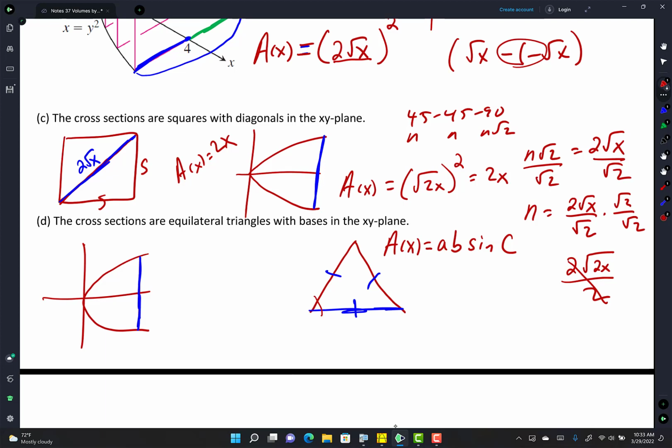So this length in blue is 2 square root of x. Is everyone okay with that? So one way you could do it is you can go 2 square root of x times 2 square root of x, and then sine C. Every single angle there is 60 degrees. Sine 60 degrees. So do you guys remember what sine 60 is?